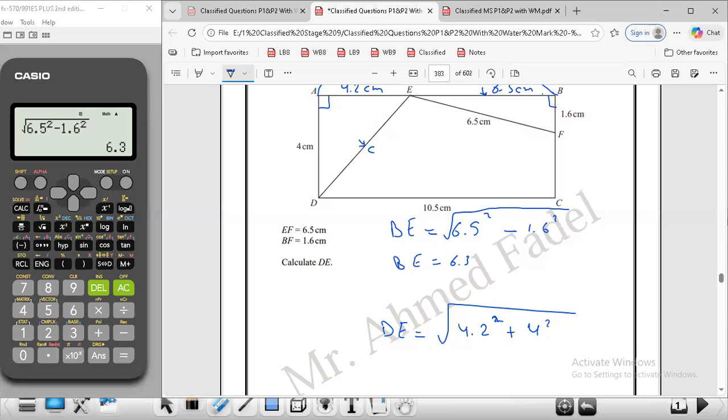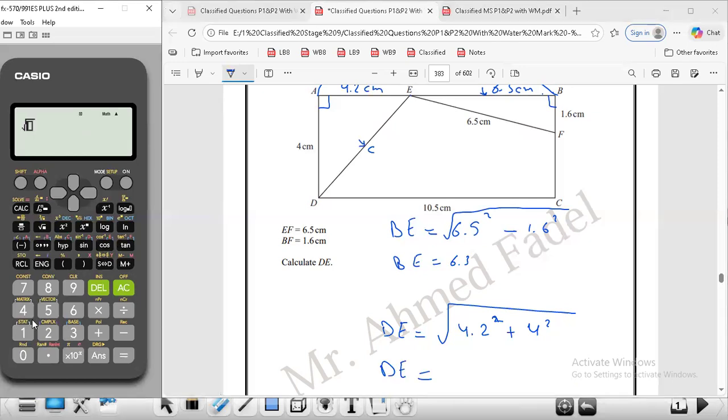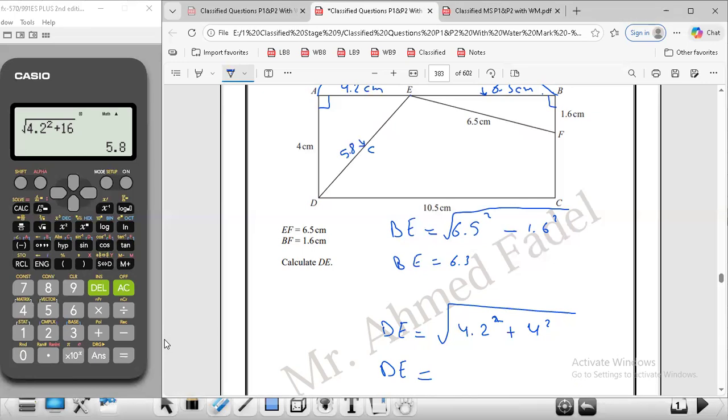I'm using the rule of the Pythagoras theorem. Okay, so DE equals square root of 4.2 squared plus 4 squared, which is 16, equals 5.8 exactly. So it is 5.8. That is DE.